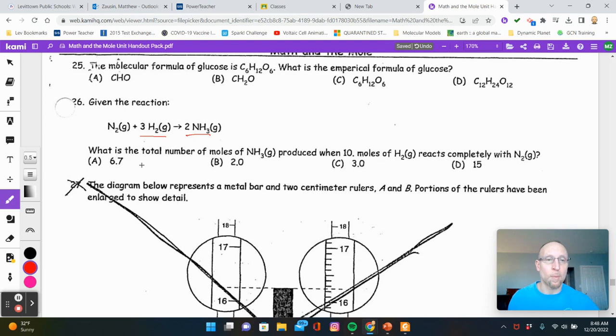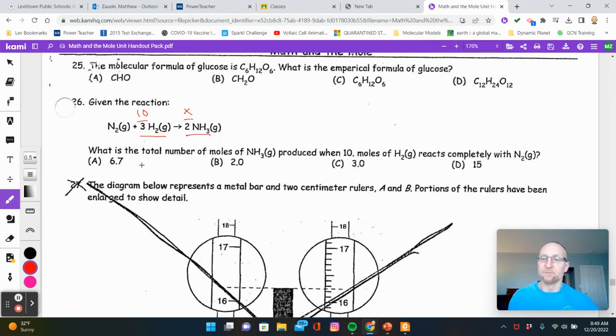So how many moles of NH3, that's my X, are produced when 10 moles of hydrogen react completely, all right? So if I have 10 moles of hydrogen, how many moles of NH3 am I going to produce? So we're assuming we have plenty of nitrogen.